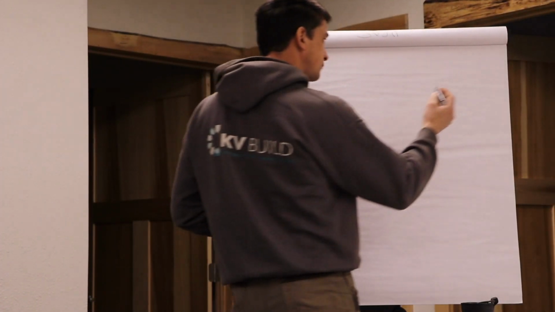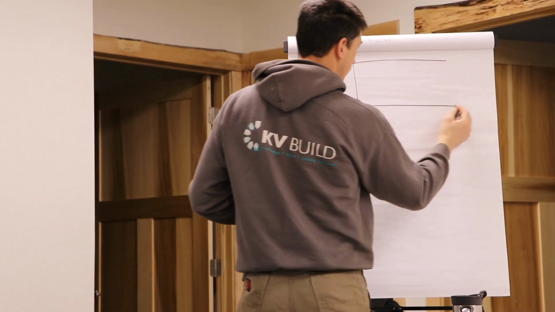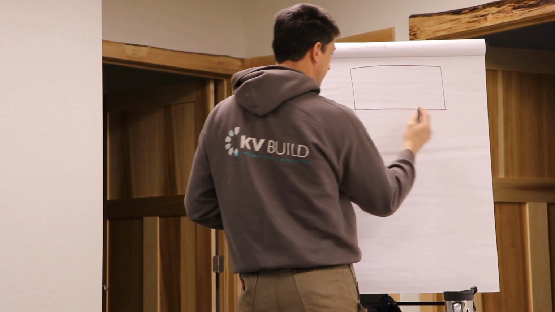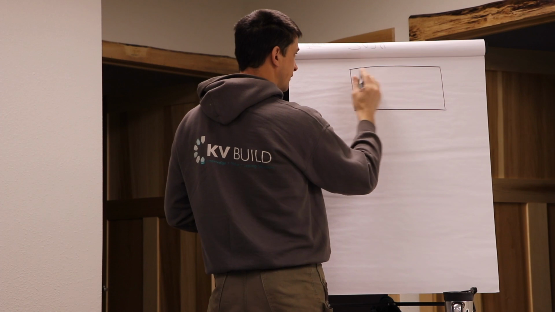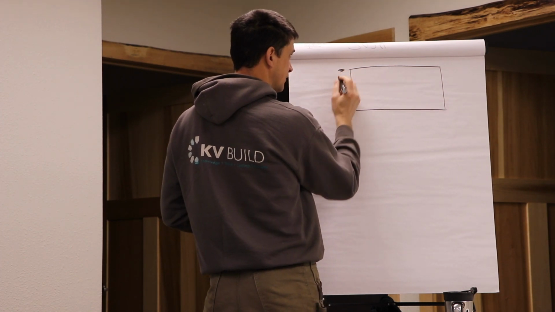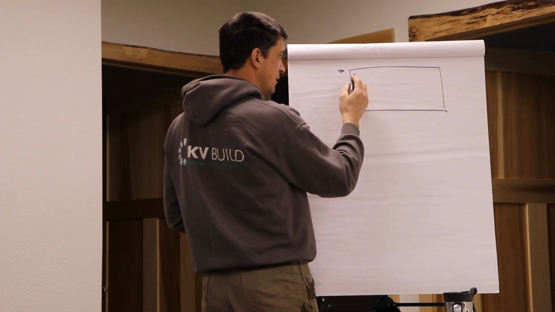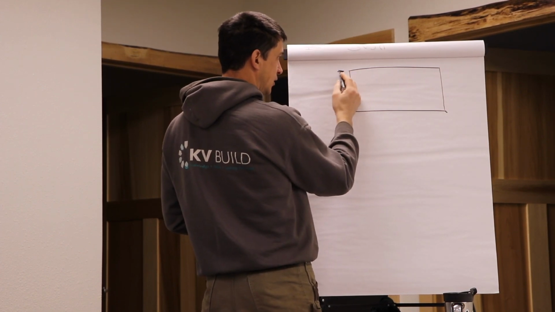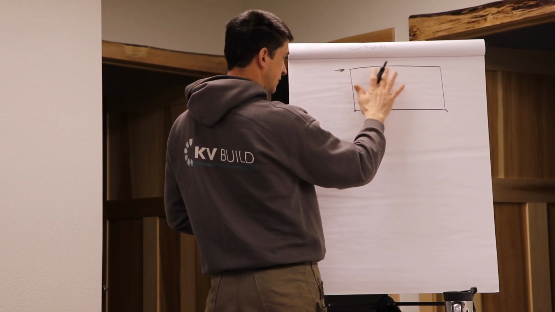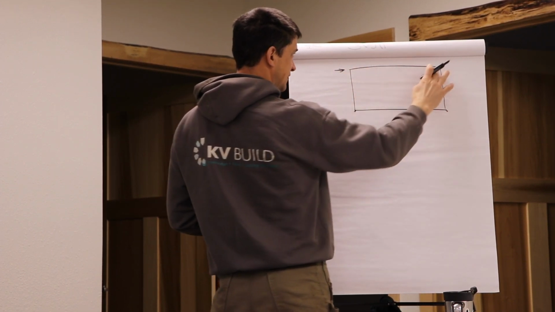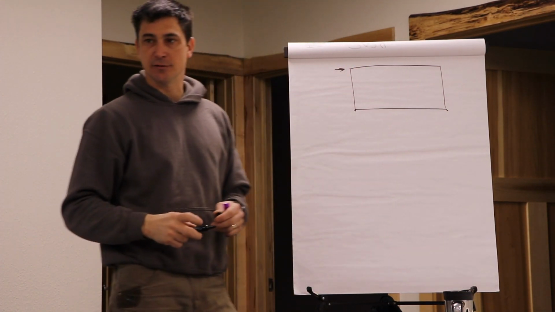So let's say we've got our wall here, I have to brace this wall to prevent racking. So if anything pushes on the top of it, the bottom is going to be bolted down to our foundation. And so if I have a load that pushes on it this way, I have to be able to resist that force so that the wall stays straight and the building doesn't just tip over and fall down.